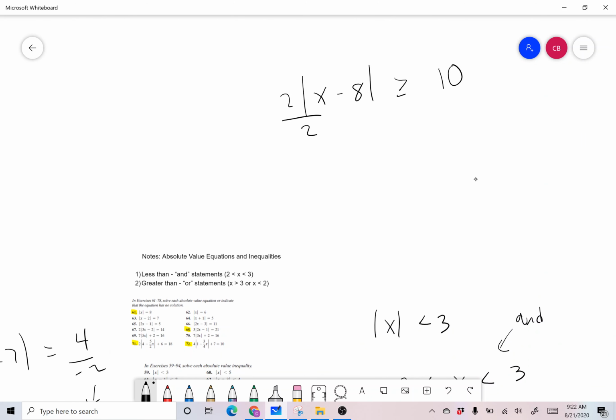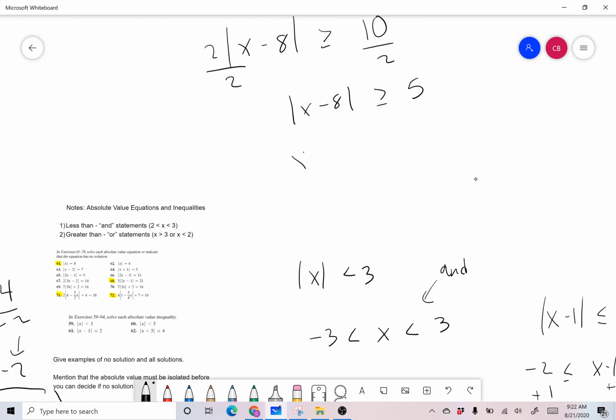So we isolate, x minus 8 greater than 5, and greater means it's an or statement. So we have x minus 8 greater than or equal to 5, or x minus 8 less than or equal to negative 5. We solve. X is greater than or equal to 13, or x is less than or equal to 3.